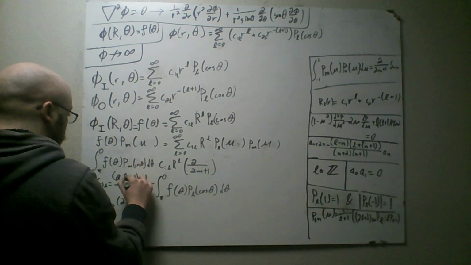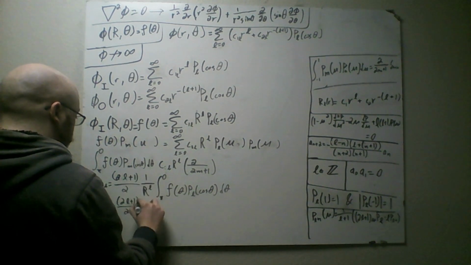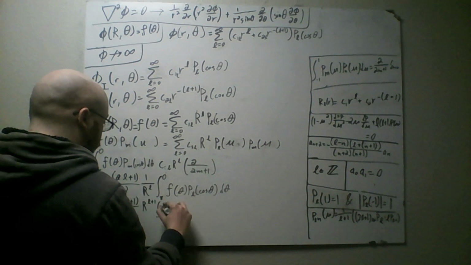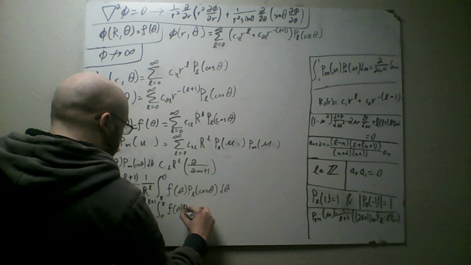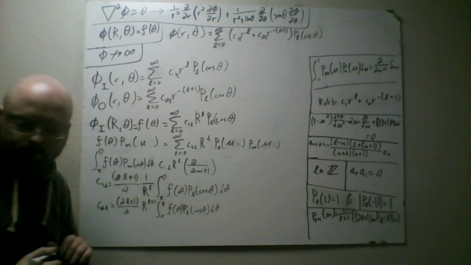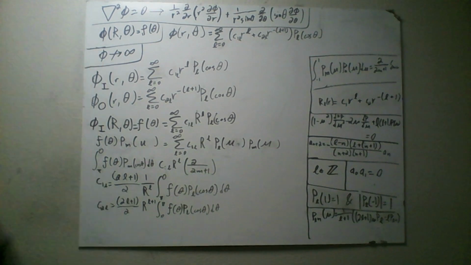Oh, sorry, this should be L. 2L plus 1 over 2 times r to the L plus 1, integral from 0 to pi of f theta PL sine theta d theta. It's the same exact process.